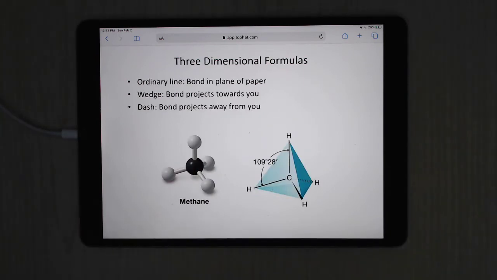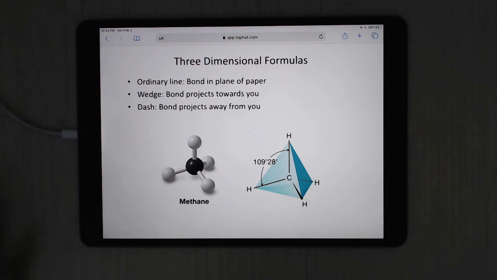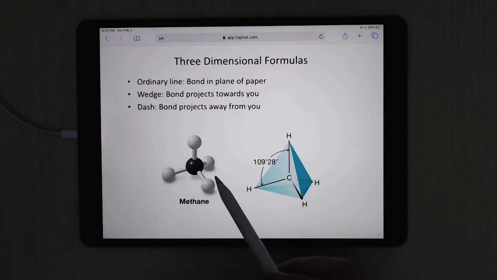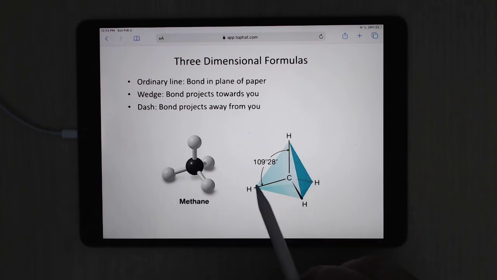Now, one of the things that has to happen is that we're dealing with a two-dimensional rendering of this thing, but remember the molecule's 3-dimensional, so we have to account for this. If you're looking at a tetrahedron, and a bond is in the plane of the paper, we're just going to have that be a normal line.